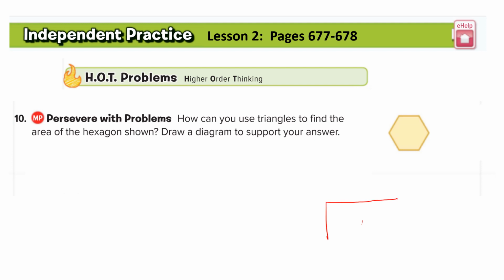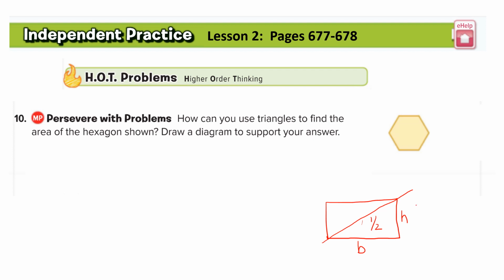What we did was we figured out for a parallelogram, which is a rectangle, that the area was base times height. But for a triangle, we would divide that in half, because half of the rectangle is the triangle.